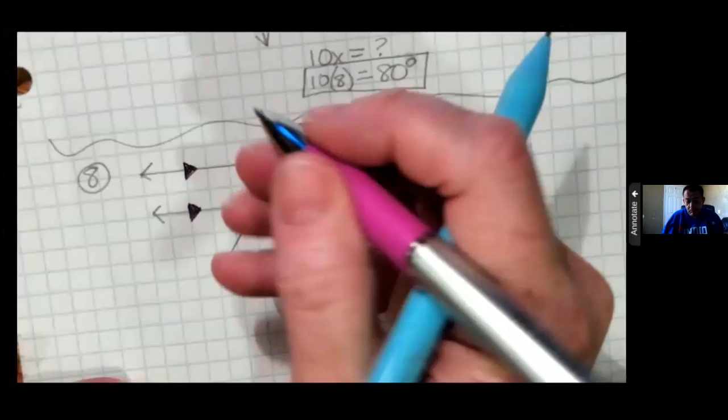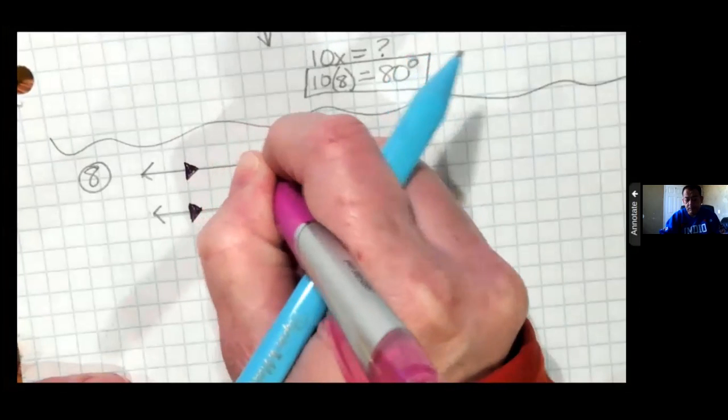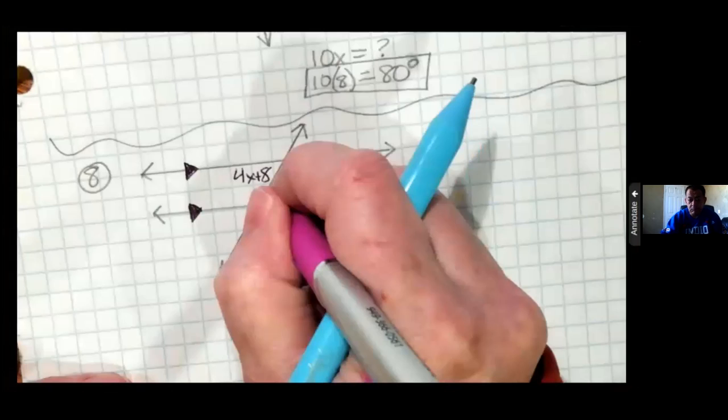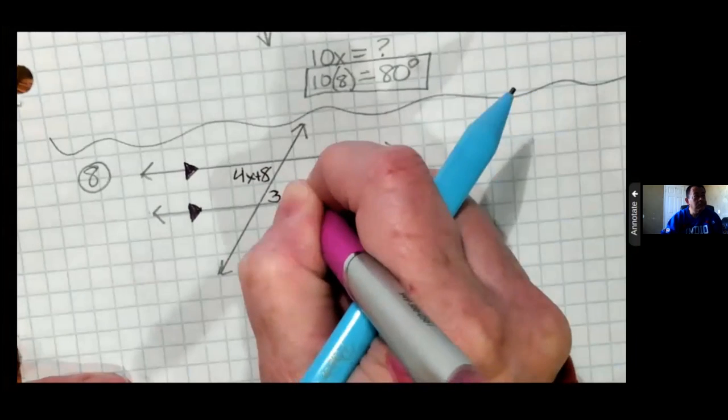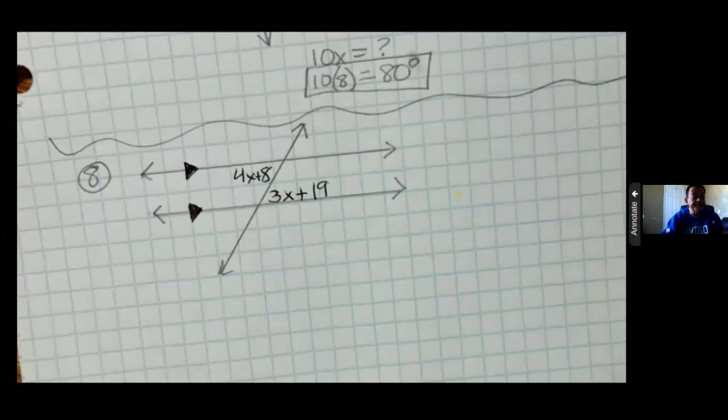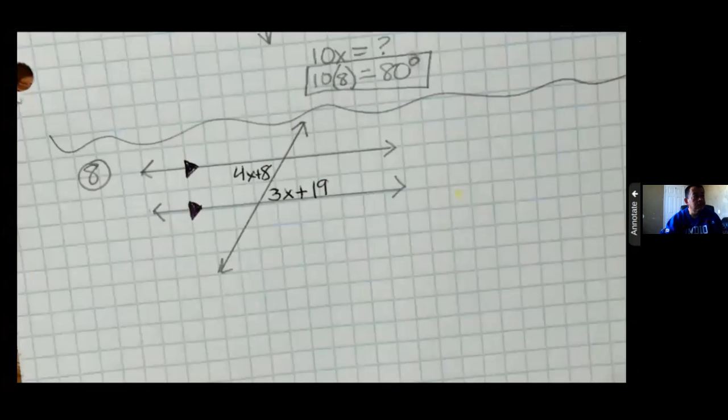You have to tell me. What are my lines here? Come on, somebody tell me. Oh, you might be typing in the chat and I don't know it because I'm looking at my screen. Are they alternate interior? Maybe? Yes, which means these angles are alternate interior. Perfect. What kind of lines are these though? That tells us those could be alternate interior.